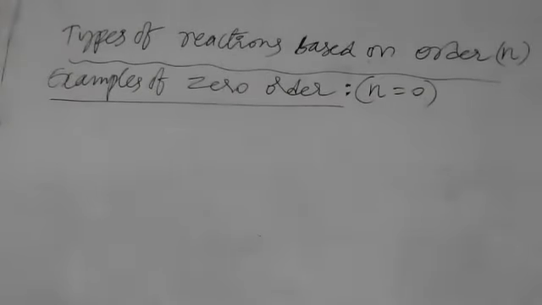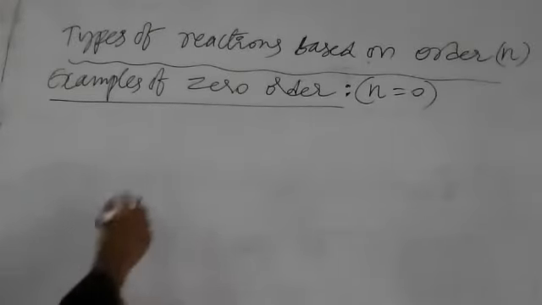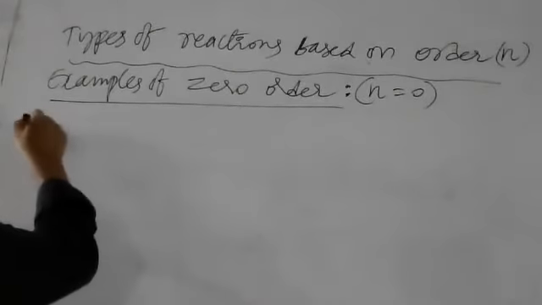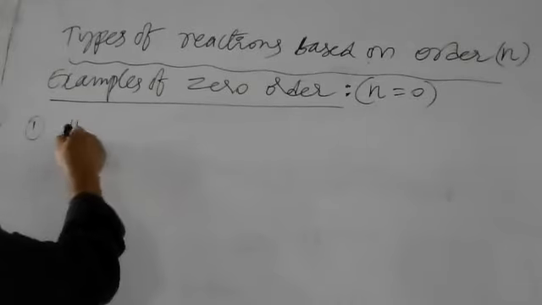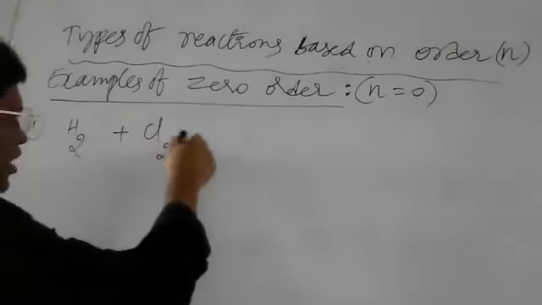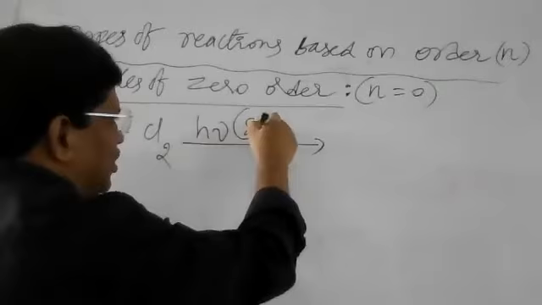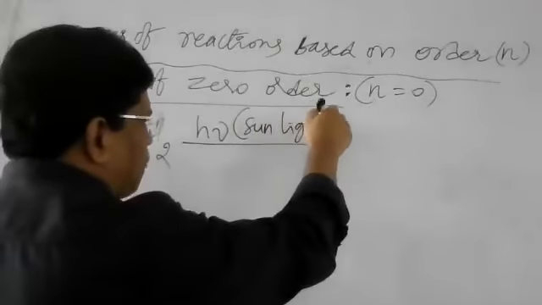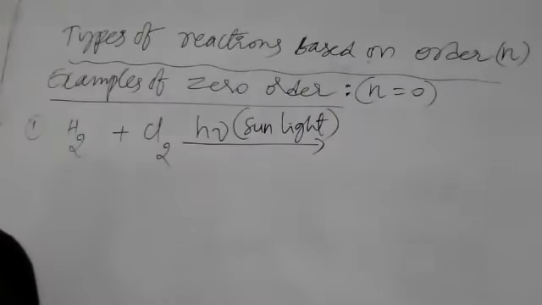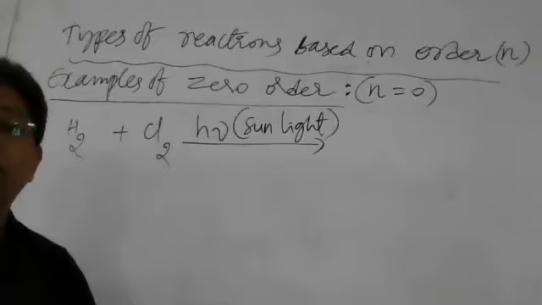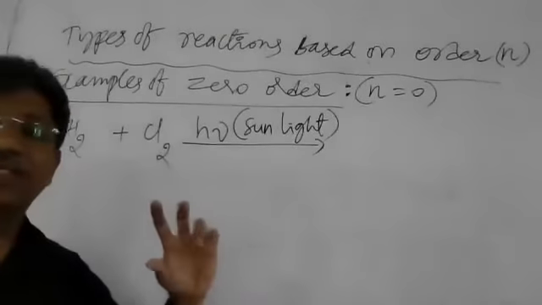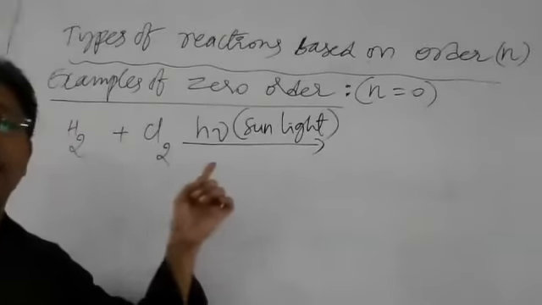Now, next we are checking out examples of zero order reaction. The first one I'm taking is H2 plus Cl2 in the presence of sunlight. h nu indicates sunlight. We know Planck's equation: E is equal to h nu, energy.